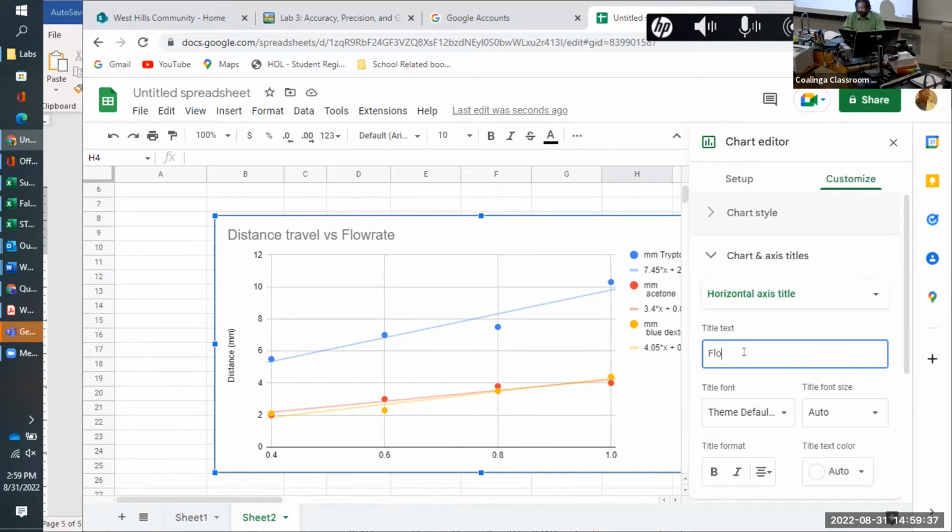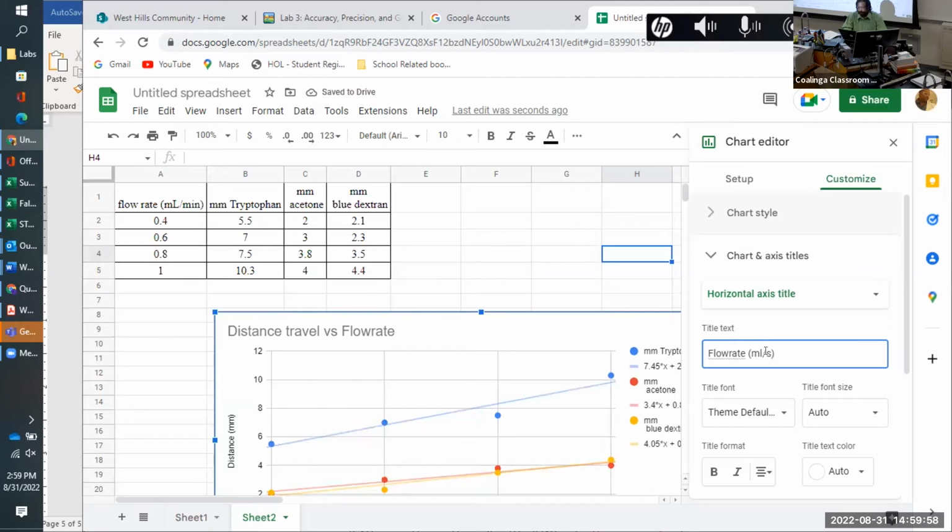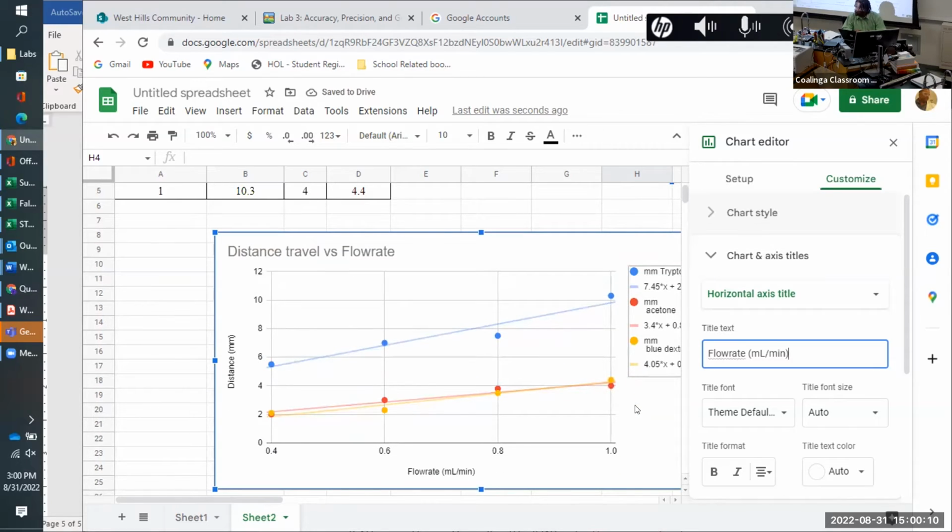Say flow rate. Meters per second. Okay. Any questions?